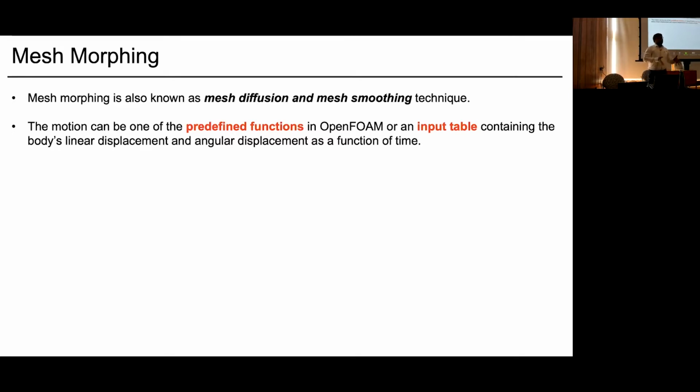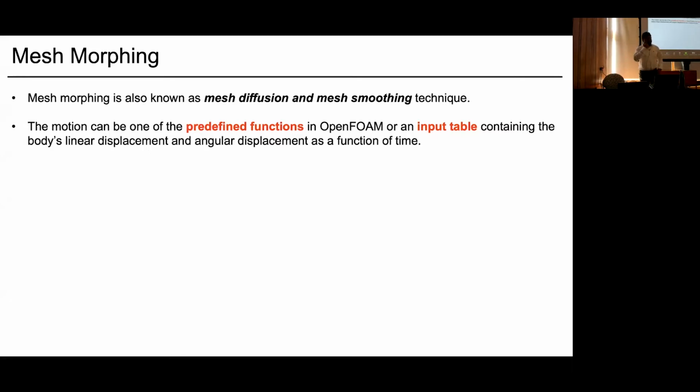In this first class of problem, how do you incorporate this body motion? That can be through some predefined function, which is already coded in the OpenFOAM libraries, or you can also do it through an input table, which is sometimes very useful when you want to incorporate some sort of very complex body motion.